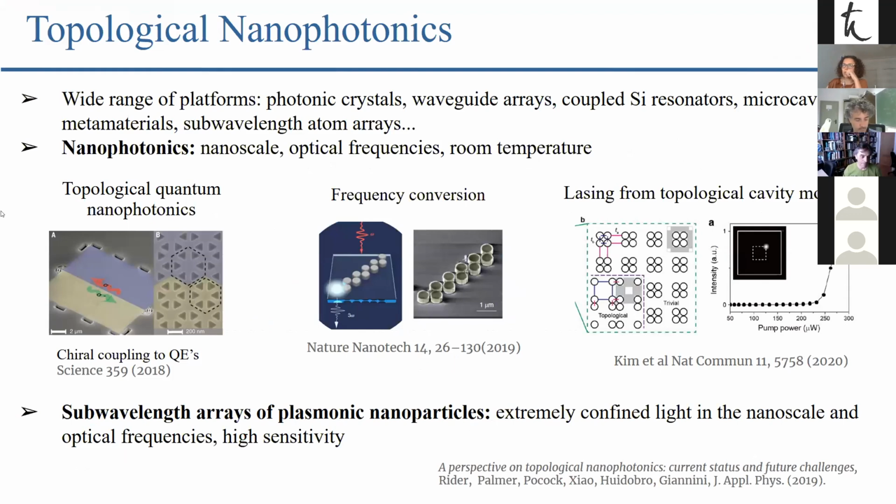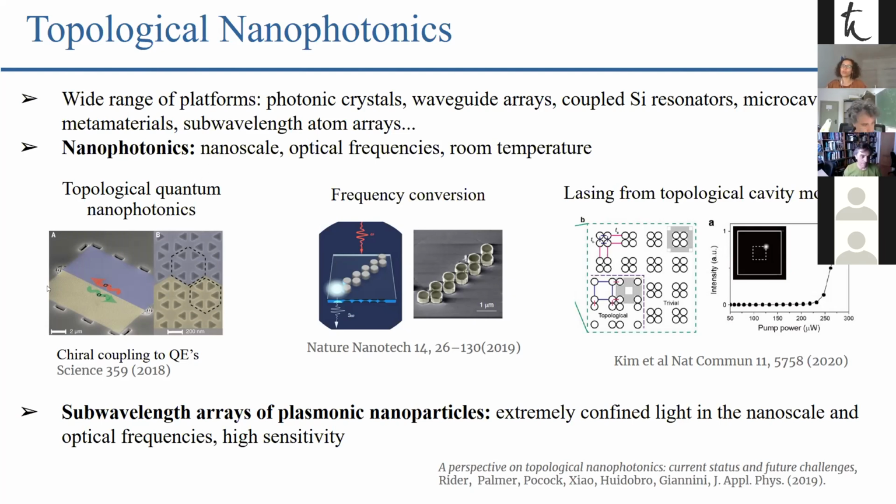So, as you know, and we have seen many examples already this morning, there is a wide range of platforms available to realize topological photonics, including photonic crystals, arrays of waveguides, arrays of resonators, microcavities, and so on. But in this talk, I would like to focus more on what is sometimes called nanophotonics.